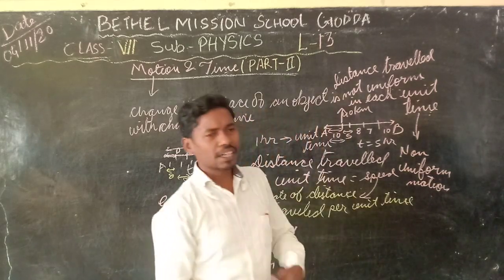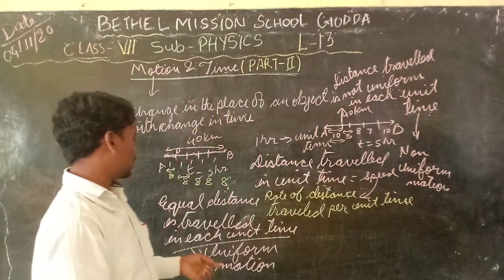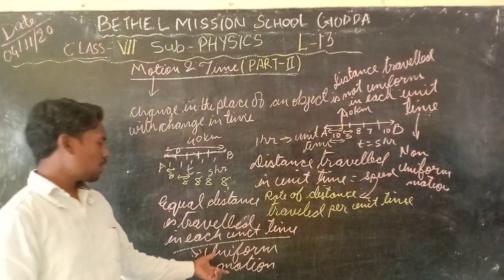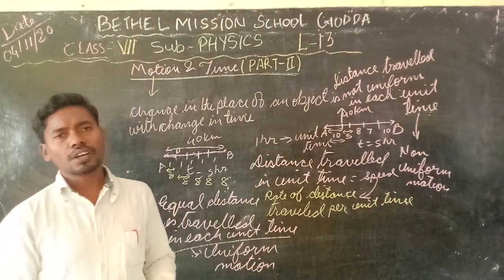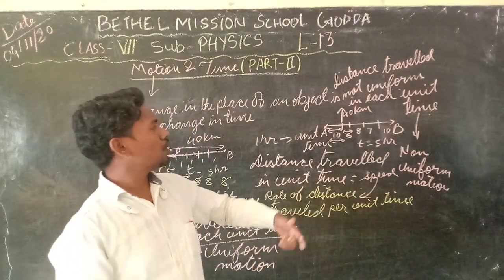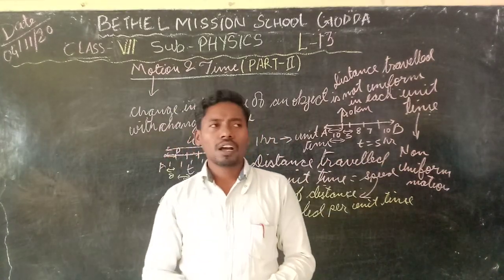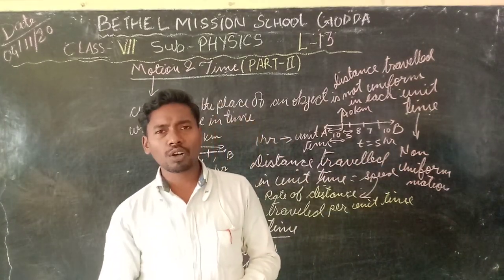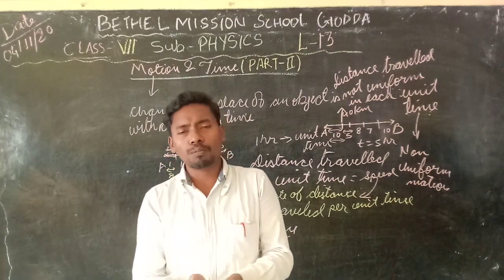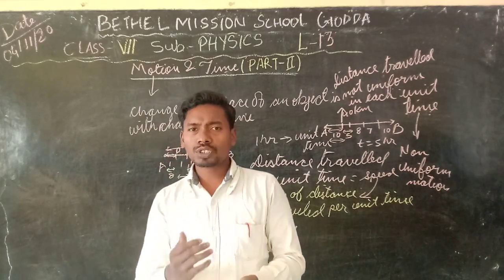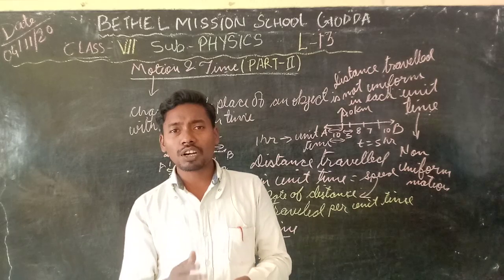So in practice, we generally don't see uniform motion. We are not able to see uniform motion. But yes, in practice we generally come across non-uniform motion only. For example, when you are riding a bicycle on a road, you start from your home. When you start, your speed is 0. You start from rest.